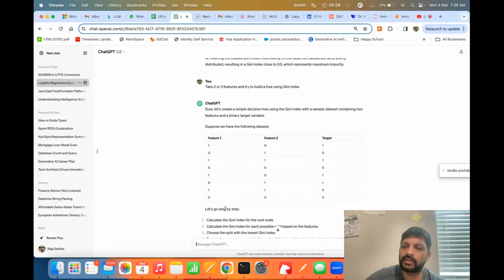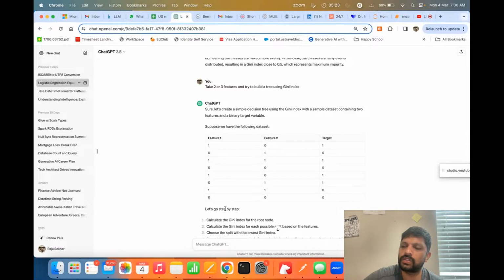So it is 1 minus 10 by 16, 5 by 8, 0.625. 1 minus 0.625 will become 0.375. So here, if f1 is equal to 1 is one line, 0.375 is the Gini index.